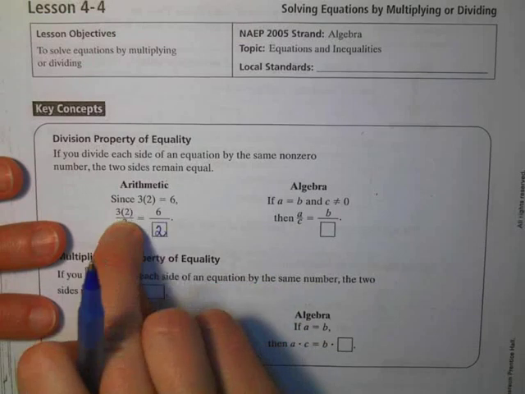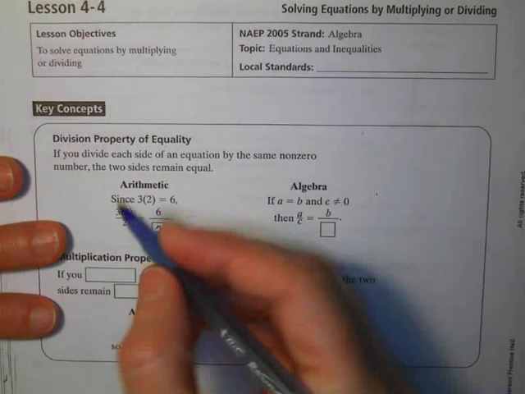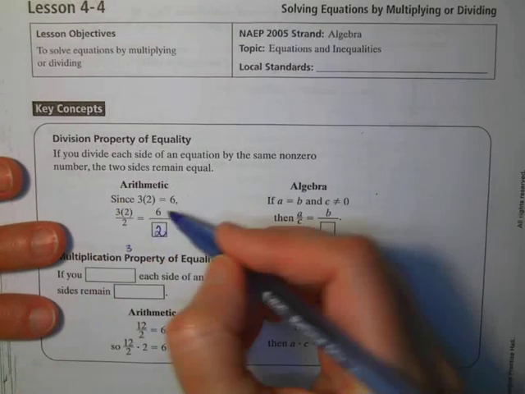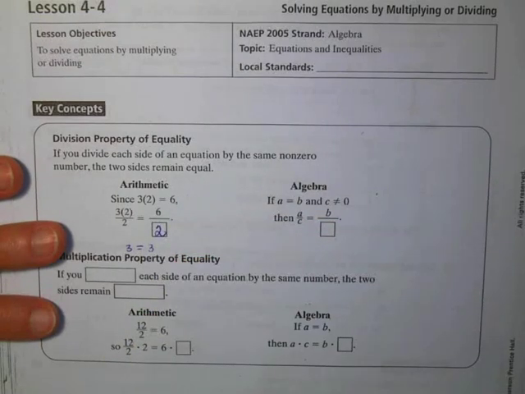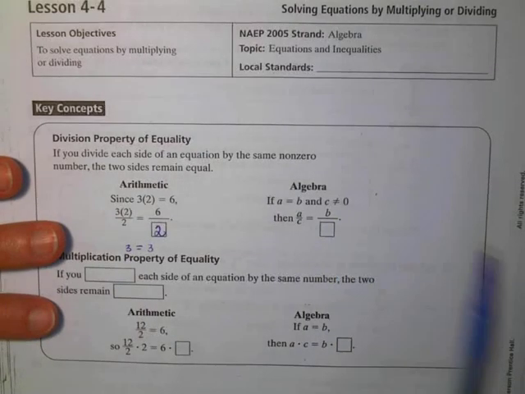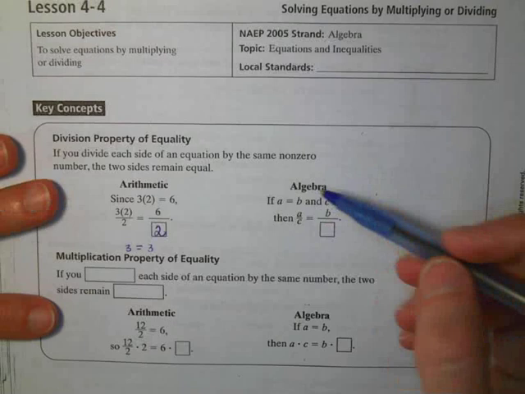Let's check this. 3 times 2 is 6, divided by 2 is 3, and 6 divided by 2 is 3. So again, we see that it is in fact telling us the truth here. That does work out.